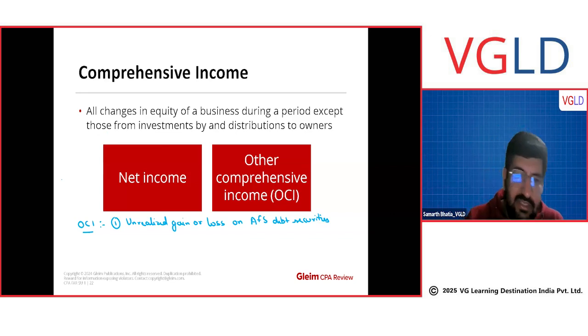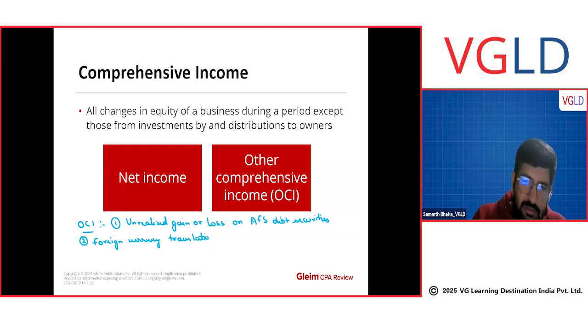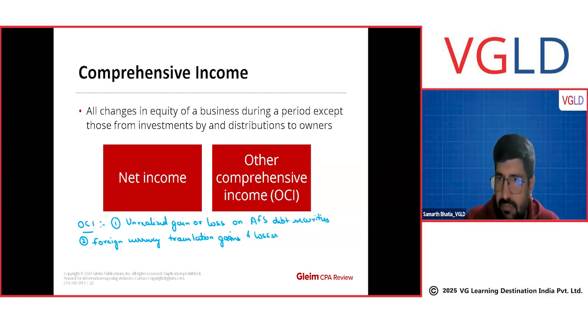The next item is foreign currency translation gain or loss for foreign operations.